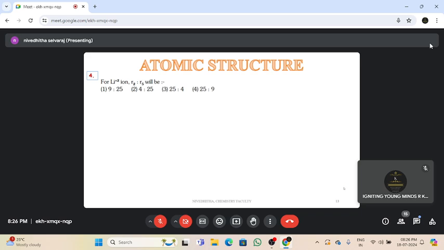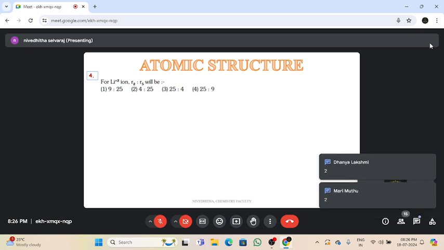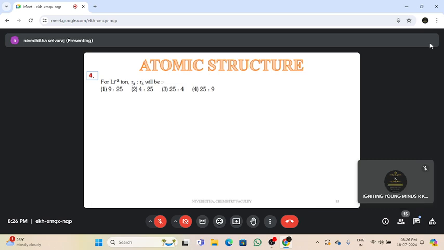Okay, Ajay's answer is the second option. How about Marimuthu? Okay, Daniel Lakshmi's answer is option 2. Marimuthu's answer is also option 2. Okay, we'll check that.